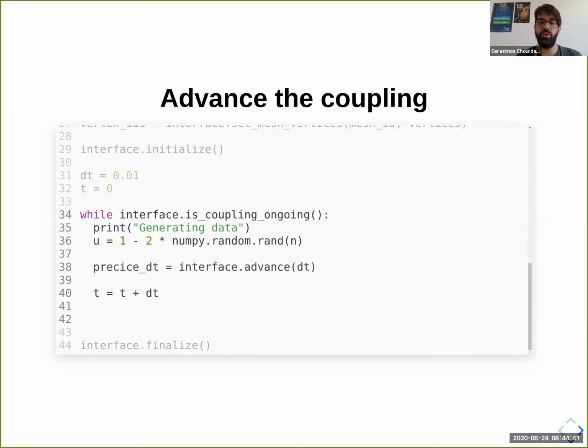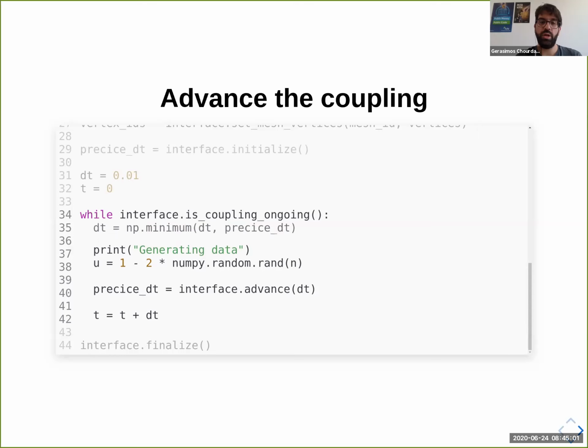Then, apart from only controlling the end of the simulation, we can also let preCICE control the time step. And this is because sometimes the two solvers may not be able to proceed as long as they want because a coupling time is approaching.